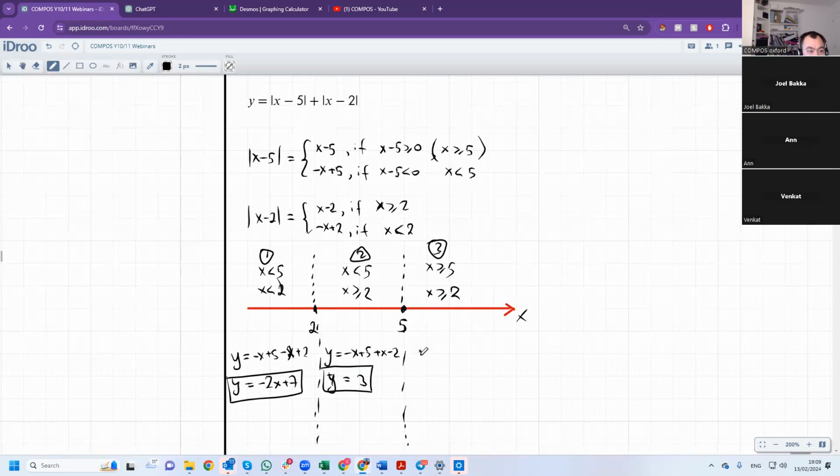Finally, if both of them are positive, then it's just y equals x minus 5 plus x minus 2, which is y equals 2x minus 7.